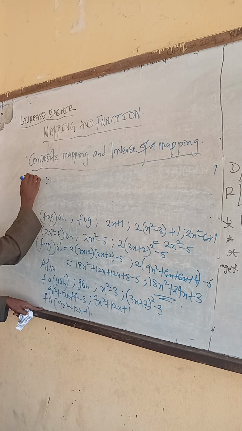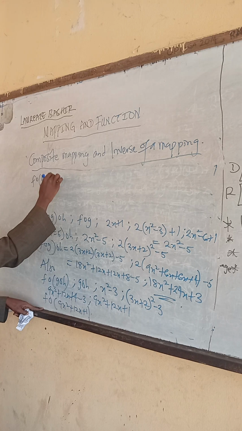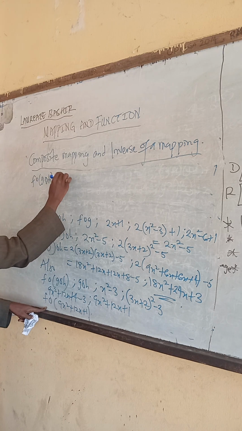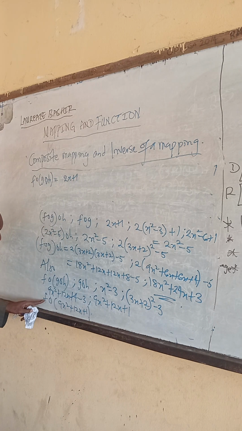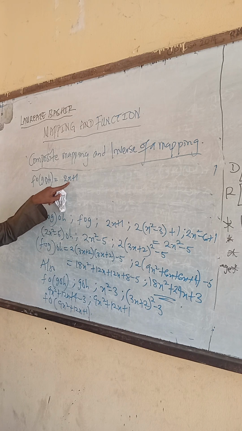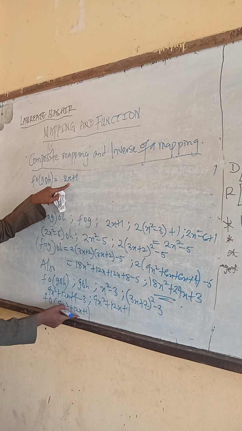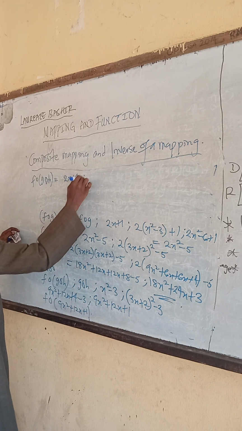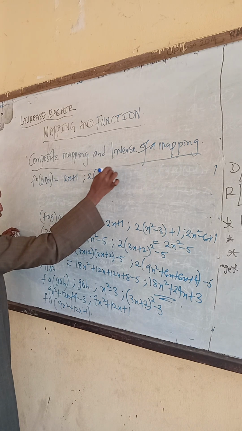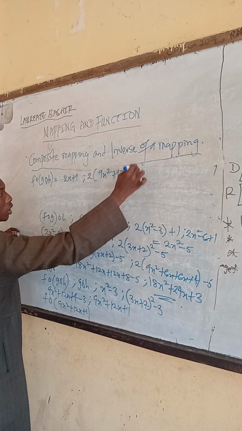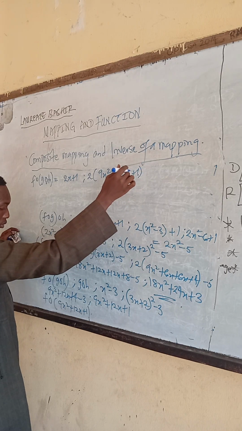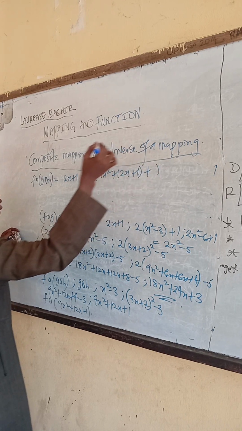So we have written f first. Now you are going to replace this x with everything you are having at your g composite h, which is this. So you are going to have 2 open brackets, 9x square plus 12x plus 1. Then plus another 1.